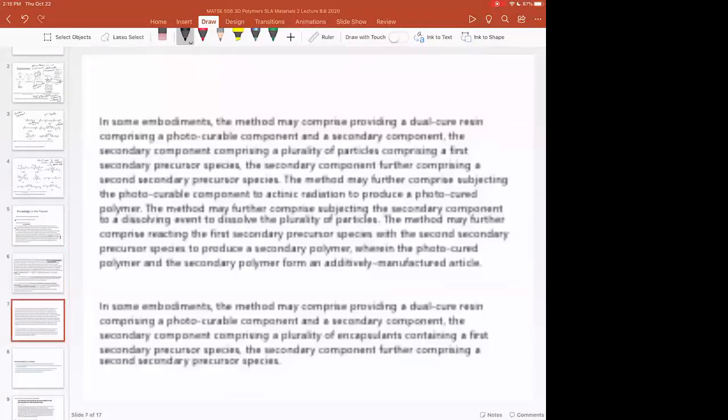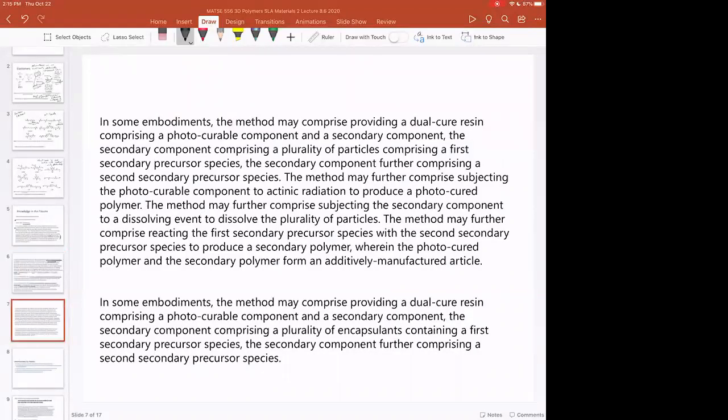Okay, we'll continue. A dual cure resin and a secondary component using plurality of particles, that's great. And then you can have a photocured polymer that you can subject to secondary photocuring.